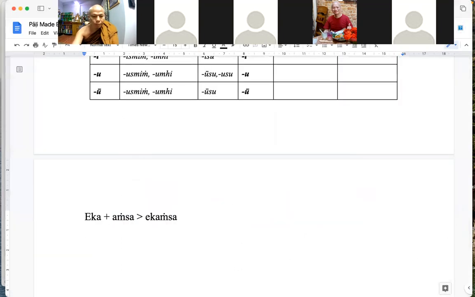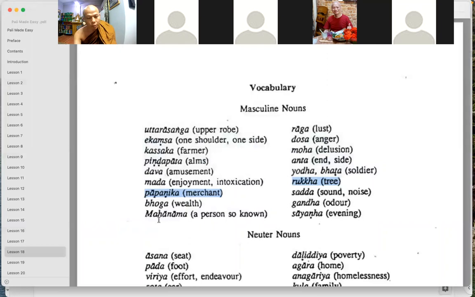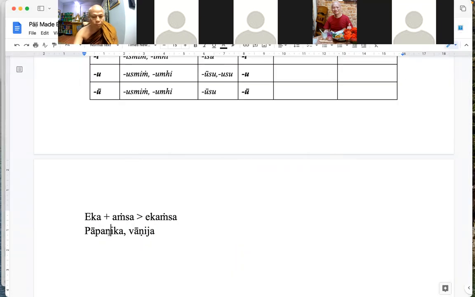Barbanika, Wanija. So Wanija is also a merchant, maybe Wanijo or something. I think we already learned that in a previous lesson, but this is just to record that one. Barbanika, with the dot. So Barbanika, Wanija, merchant.